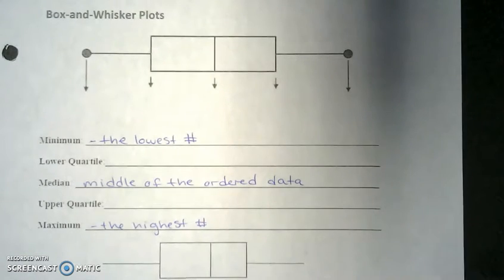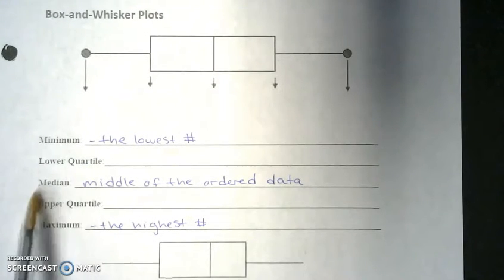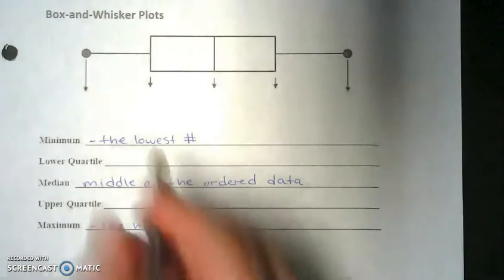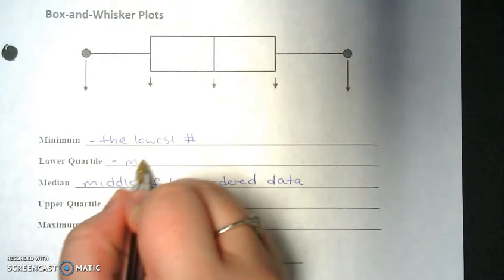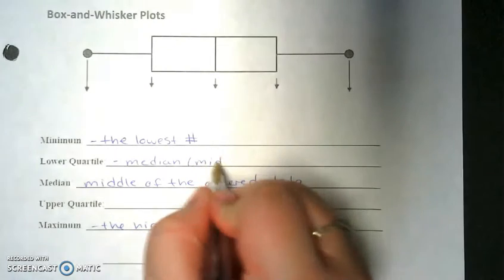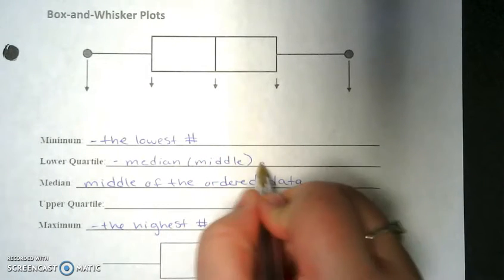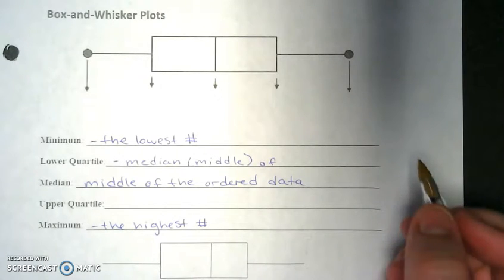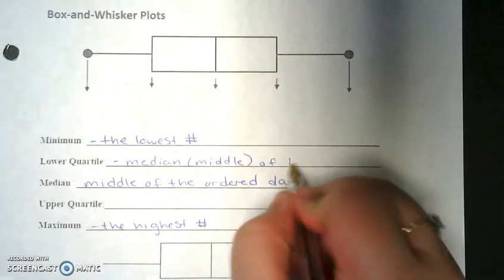And then the lower quartile, we're going to use median in its definition. So we know that is going to be the median. We know that as the middle. And since it's called the lower quartile, we know it's the median of the lower half.